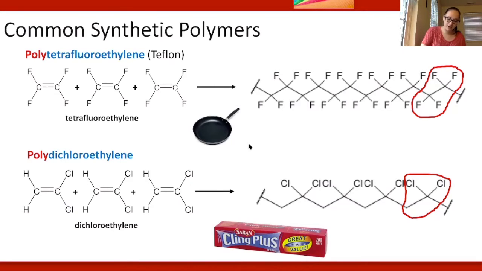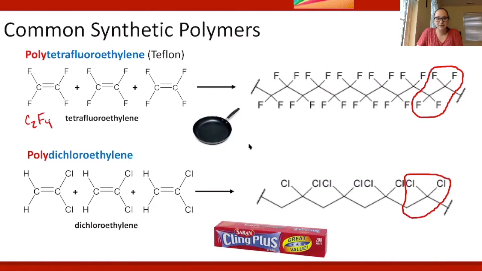So our monomer unit is C2F4 instead of C2H4. Fluorines are interesting little boogers, and so they change properties a lot. And so this is commonly used, such as like nonstick coatings on pans are made out of polytetrafluoroethylene, which is also known as Teflon.